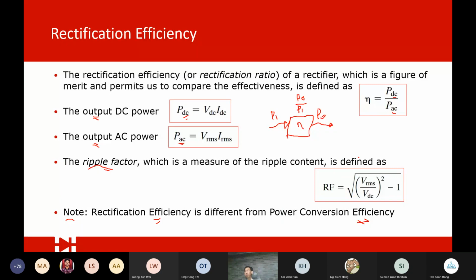The ripple factor is the square root of (V RMS over V DC) squared minus 1. So the ripple factor, or what we call rectification efficiency, is the indicator of how good your AC to DC conversion is, not the power efficiency. For power efficiency, it's the input power regardless of AC or DC, and the output power regardless of AC or DC. These are the few you should know.